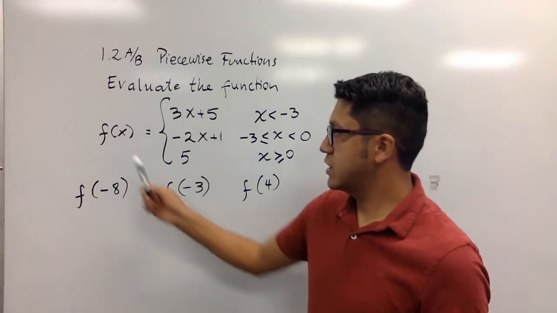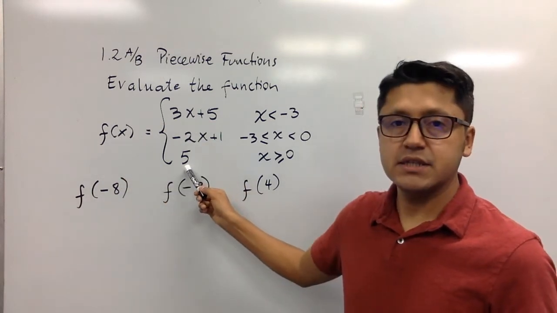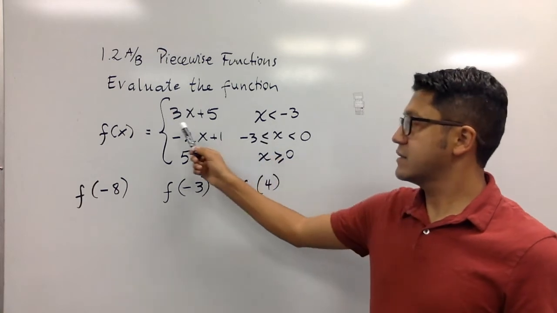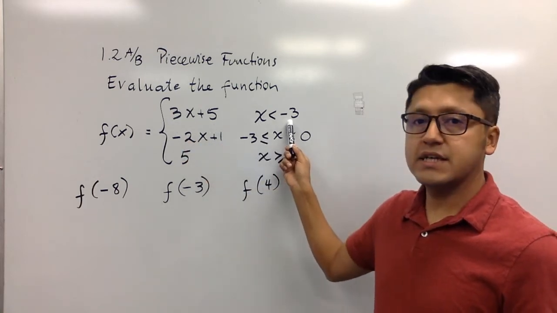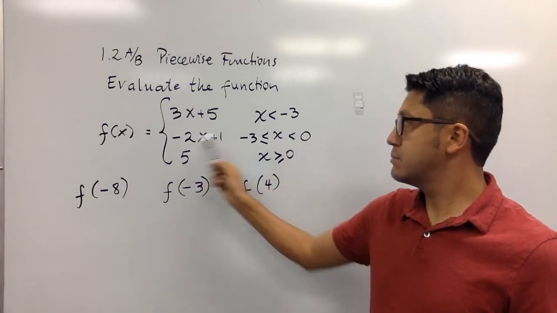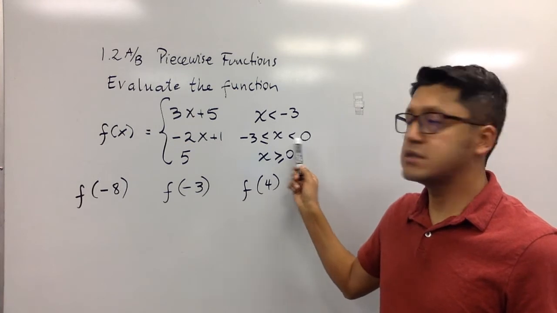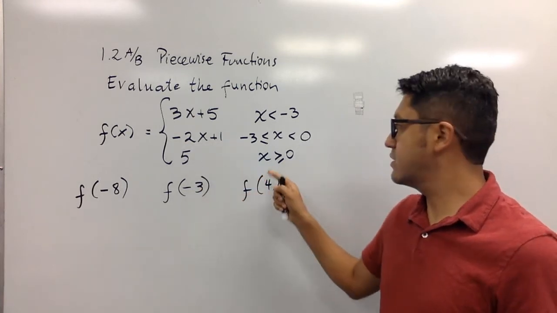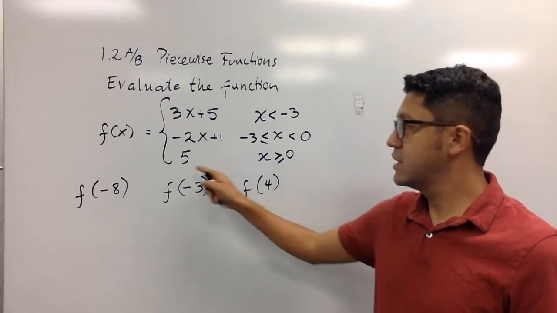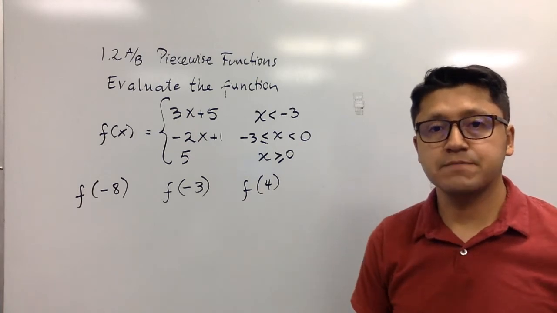We're going to take into account this function that has three pieces, given that this is the portion for any x value that is less than -3, but between -3 and 0, including -3 but not including 0, it's going to be -2x plus 1, and for any x value that is greater than 0 or positive, the value of the function is 5. So let's begin.